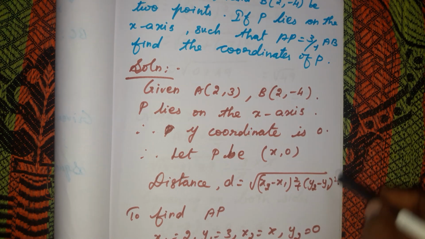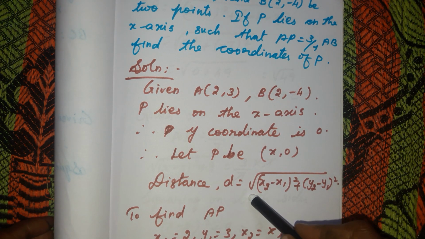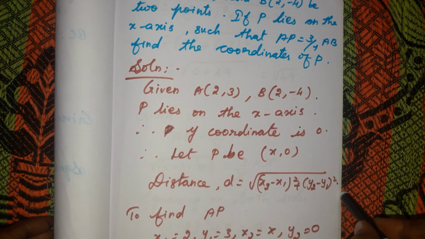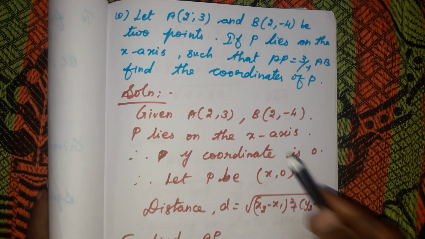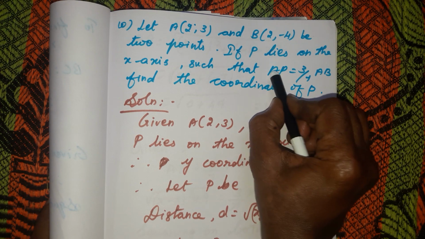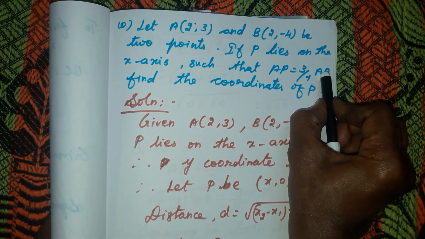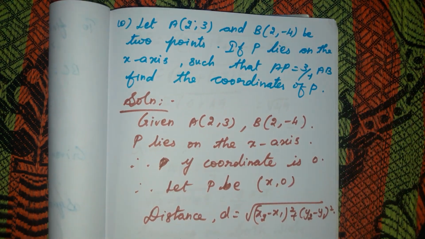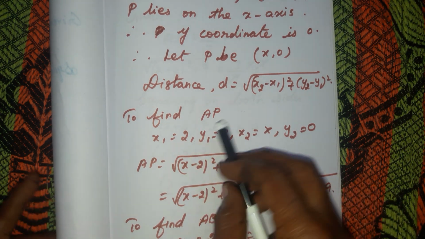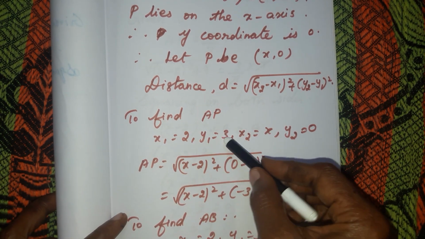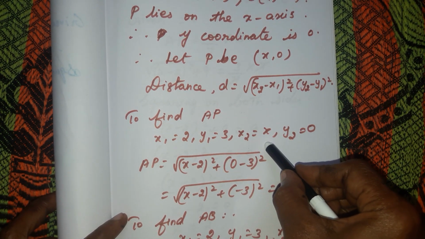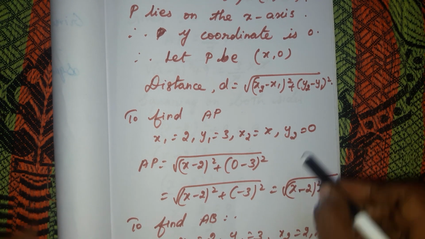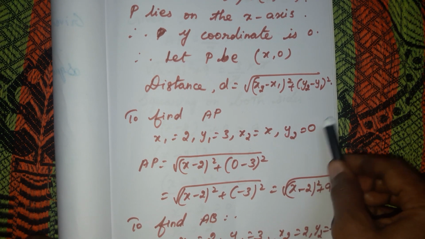So P is (x, 0). Then the distance formula is root of (x2 minus x1) the whole square plus (y2 minus y1) the whole square. We have to find out AP and AB. To find AP, x1 is equal to 2, y1 is equal to 3, x2 is equal to x, y2 is equal to 0.